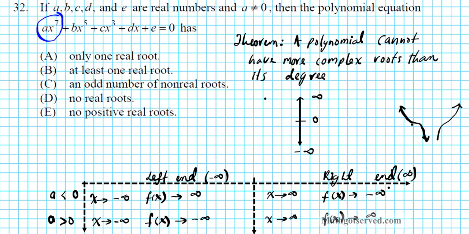Since you're going from infinity to negative infinity, what are you guaranteed to have? You're guaranteed to have at least one point or more where the function assumes a value of 0. So what does that tell us? That tells us that we have at least one real root. So the answer is option B.